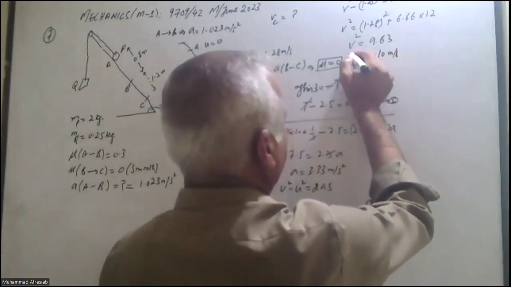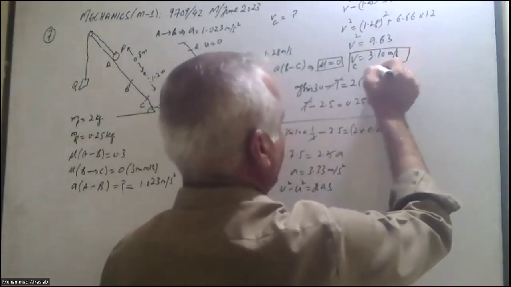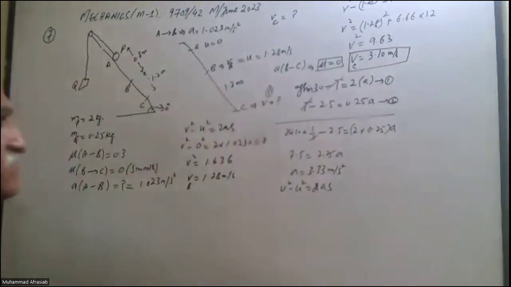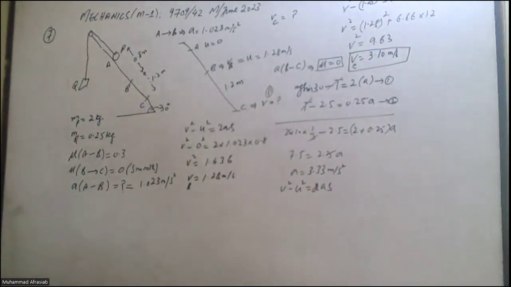This is the speed at C. So we have found the final speed at C, which is equal to 3.10 meters per second.